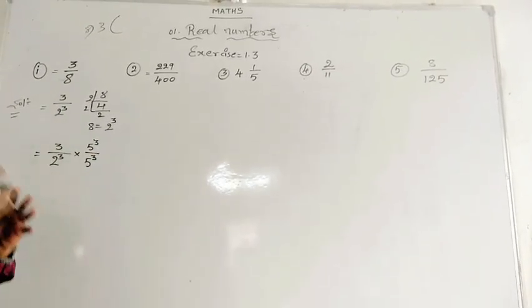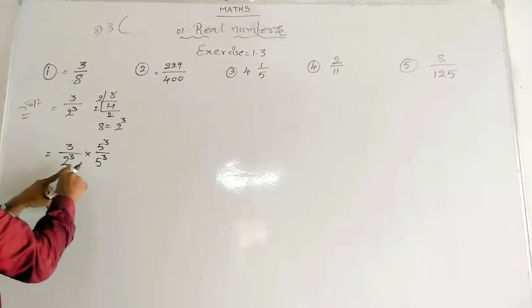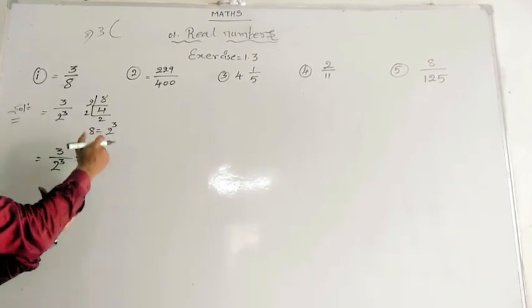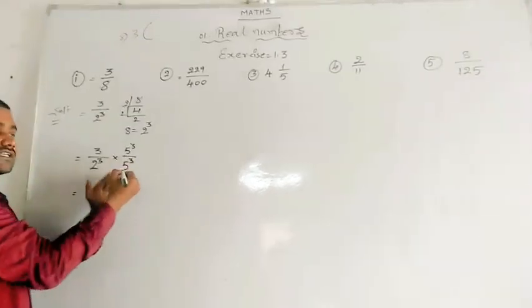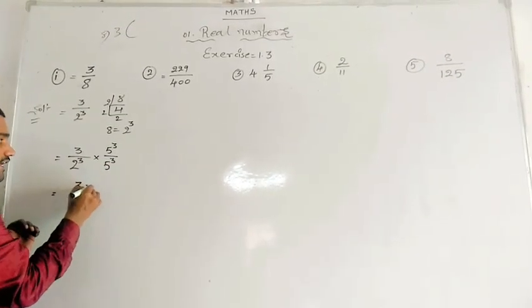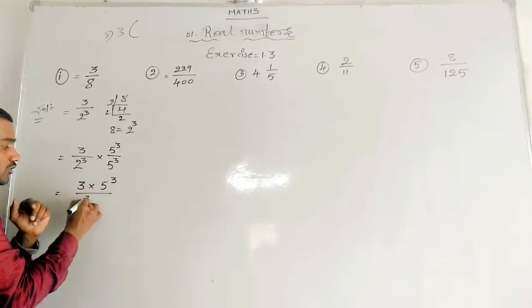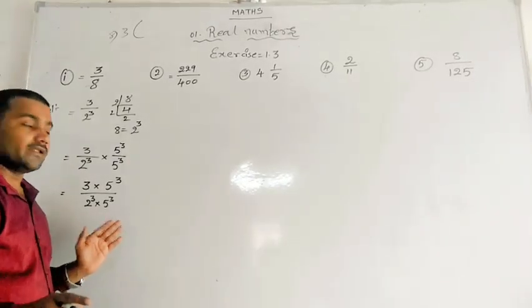As we have learned in the theorem, 2 to the power of n into 5 to the power of m, so we are writing in that form. If you write 5 cube by 5 cube, there will be no change. So you get 3 into 5 cube by 2 cube into 5 cube.